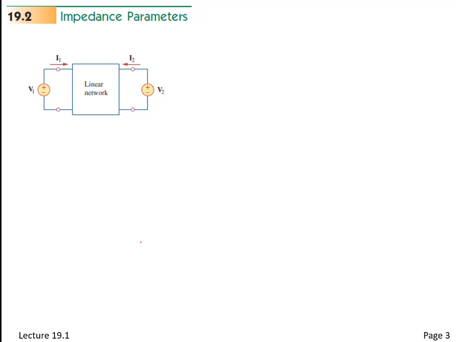We've got two voltage devices attached to each port and a current flowing into each port. So you could flip that around and put two on the left and one on the right. You can do the same thing using current sources instead of voltage sources, and that would be quite legitimate here for impedance parameters.